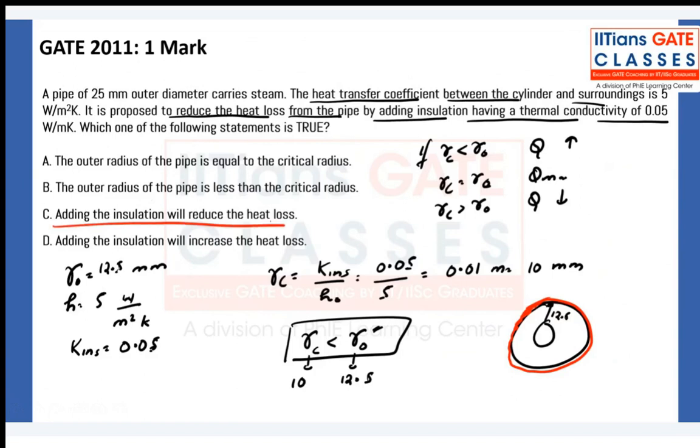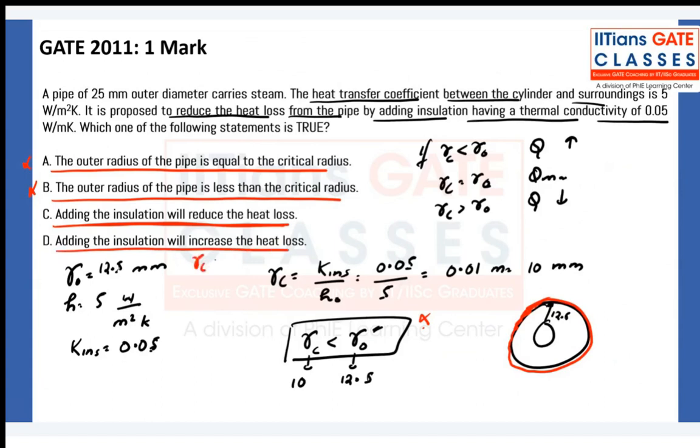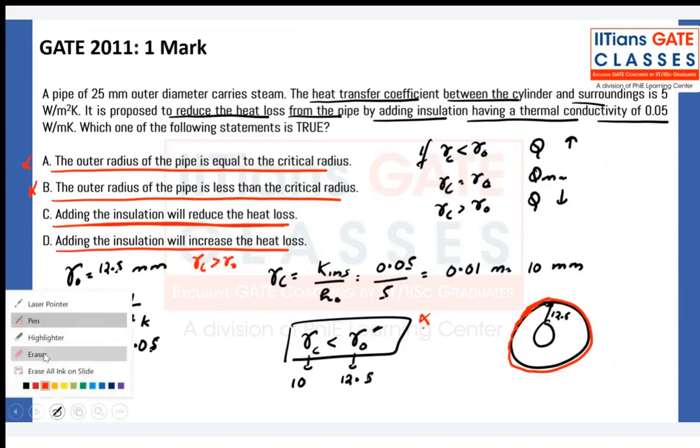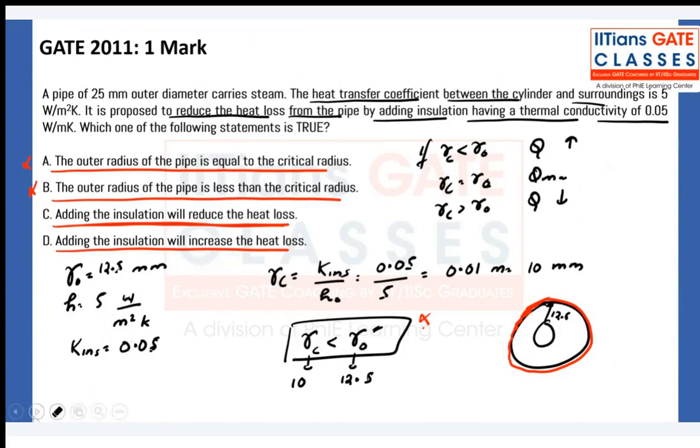The first option says the outer radius of the pipe is equal to the critical radius. No, it is not equal. The outer radius of the pipe is less than the critical radius. No, it is greater, so the second is also not correct. Adding the insulation will reduce the heat loss. Yes, it will. Adding the insulation will increase the heat loss. No, it will increase the heat loss only when R naught is less than RC.